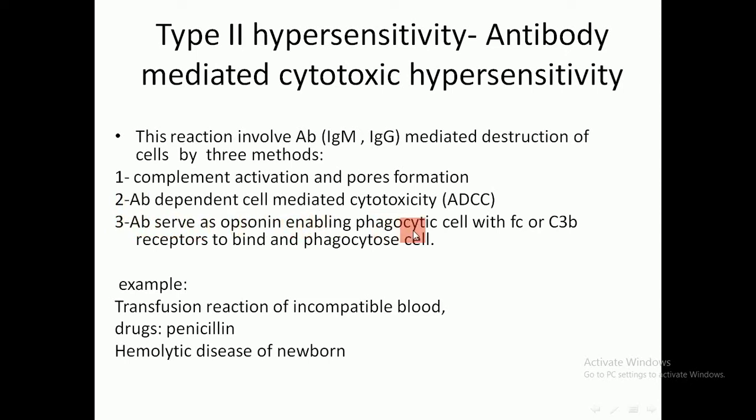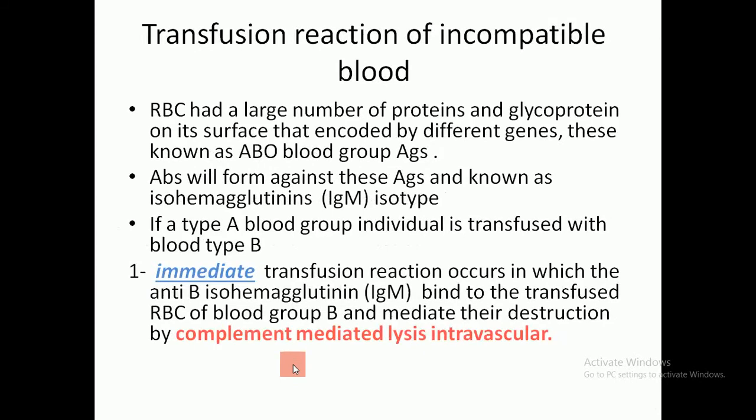And the third mechanism, the antibody serves as an opsonin enabling phagocytosis, which enhances the phagocytic activity of the cell with the Fc or C3b receptors, where the binding occurs through these receptors, and then phagocytosis occurs.